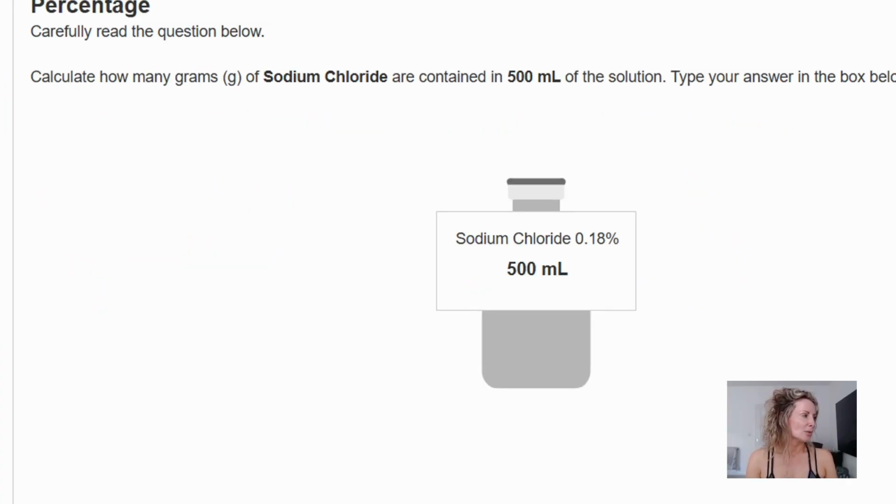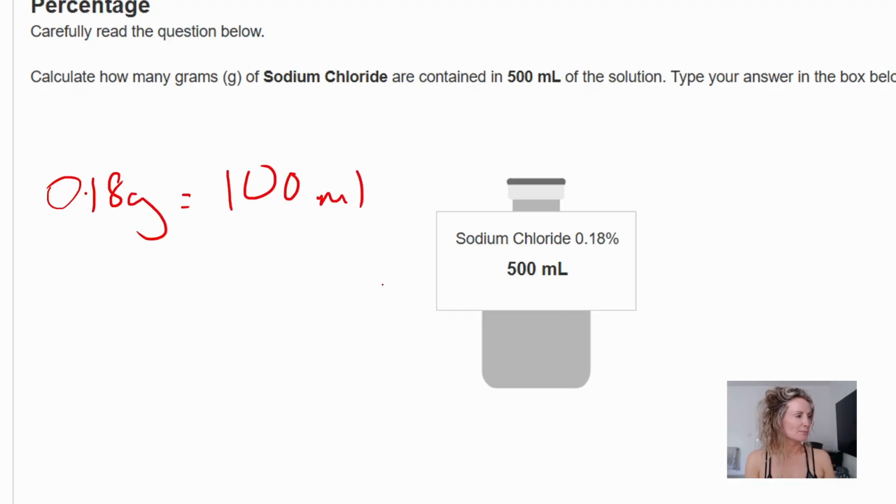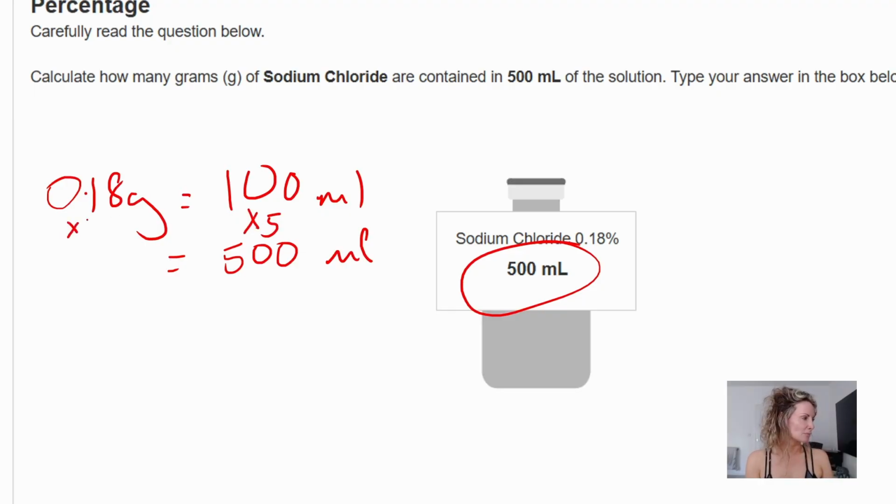Now we would like to know how many grams of sodium chloride are contained within a 500 ml solution. Our percentage is 0.18, so 0.18 grams equals 100 mils. We would like to have an amount in 500 mils, so 500. How did I get 500 from 100? I multiplied it by 5. I have to do the same on the other side.